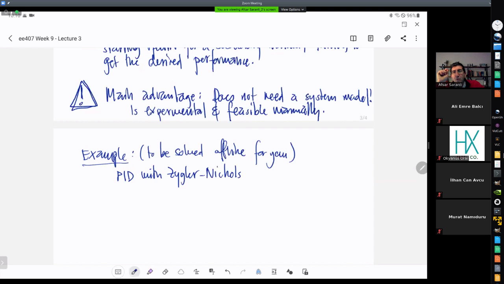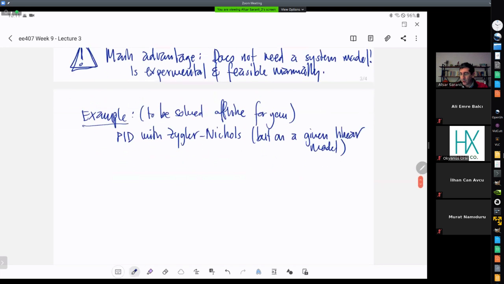But we will know the system model, and it's going to be a linear model, so that in fact we also have exact theoretical tools to follow what's happening with the Ziegler-Nichols, okay. But on a given linear model, okay.